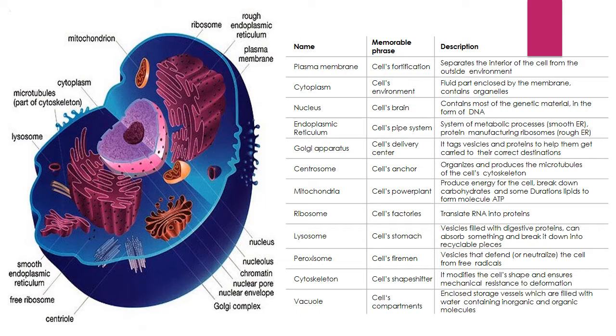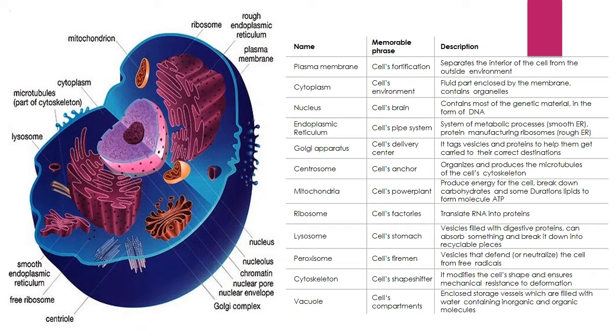Fourth is endoplasmic reticulum. It is called the cell's pipe system. The part of the endoplasmic reticulum which is involved in metabolic processes is smooth ER, that is smooth endoplasmic reticulum, whereas the one involved in protein manufacturing is called rough ER, that is rough endoplasmic reticulum.